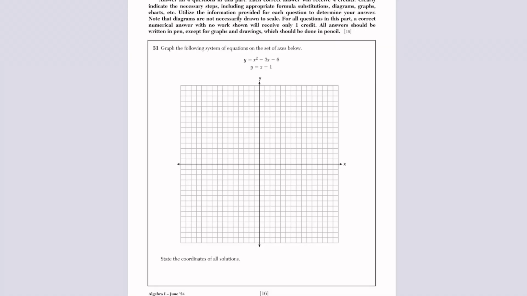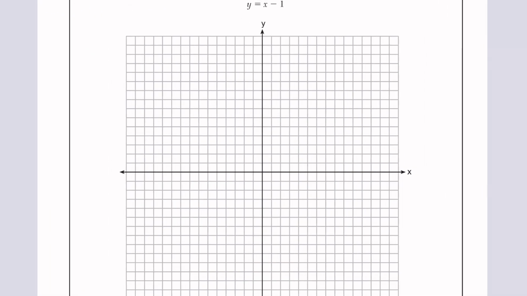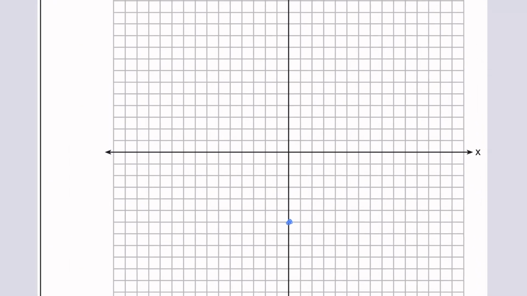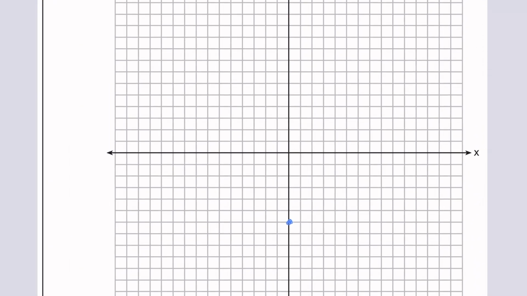Okay, first I'm going to do this one, the quadratic. We have 0, -6. So 1, plot this point down. Then we have, or I'm going to start with the negatives. We have -1, -2.